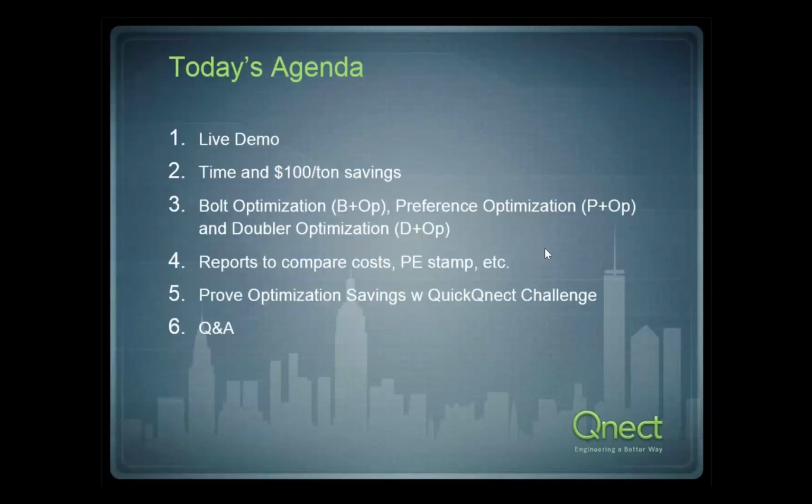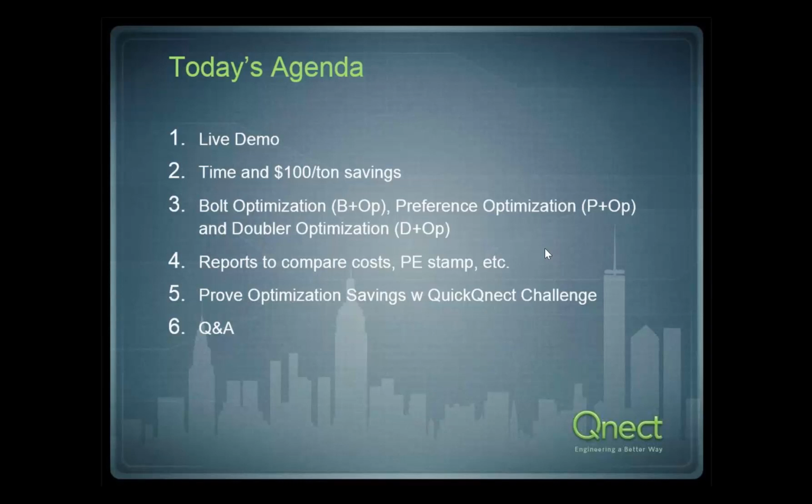So today's agenda: I'm going to do a live demo, and I'm going to show you how you're saving time and where the $100 per ton comes from. I'm going to explain the optimization group of products that we have: the bolt optimization, preference optimization, and doubler optimization.